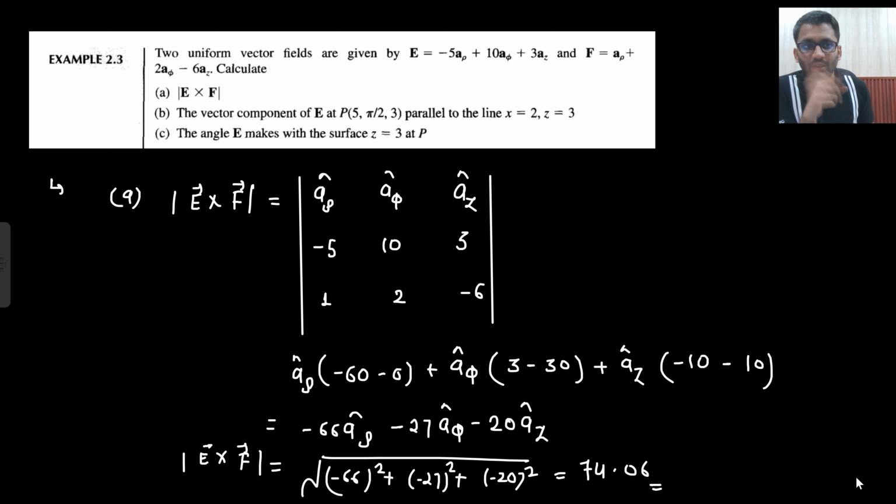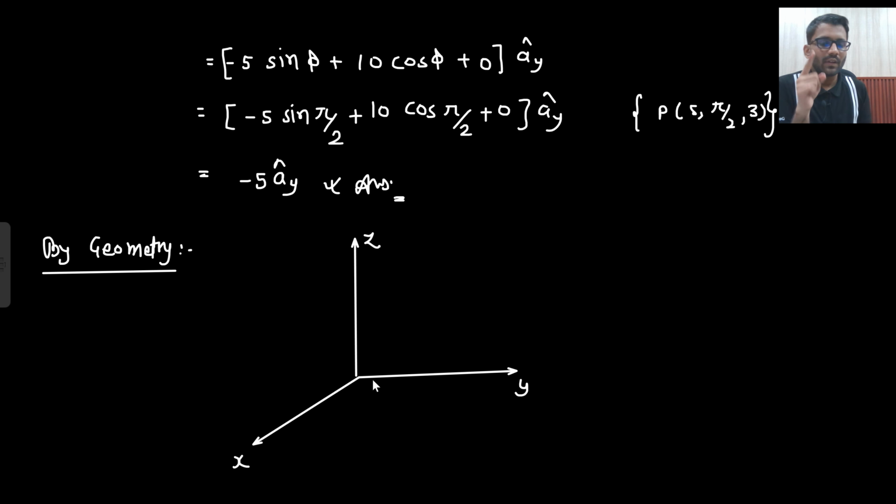5, pi by 2, 3. In the rho direction you need to go 5, and the angle made from the x axis is pi by 2. From the x axis you have a pi by 2 angle, that means you are on the yz plane. Are you getting this point or not? I think you should be able to understand this because we have already studied it.